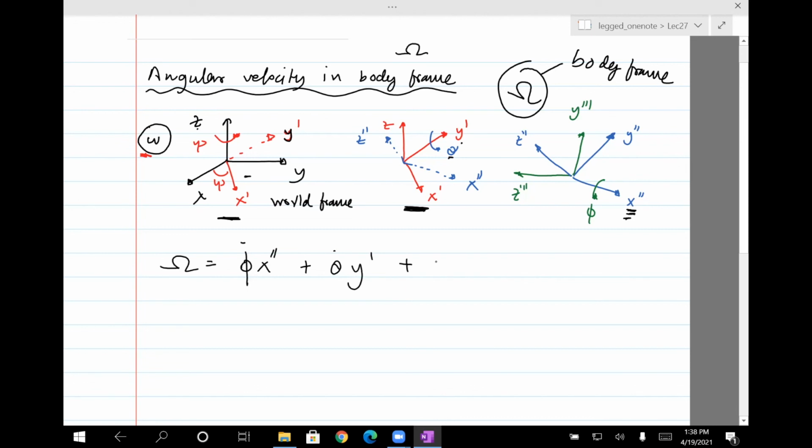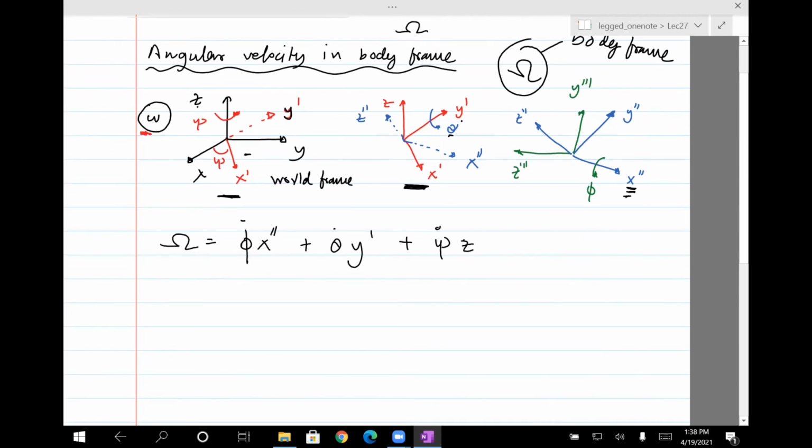And then I would have psi dot about z. Okay, so that remains the same as before, except that, so that's the same formula which I wrote for omega. The only thing which will change here is instead of expressing everything in terms of x, y, z frame, I need to express about x double prime, y double prime, z double prime. So the first item remains the same.